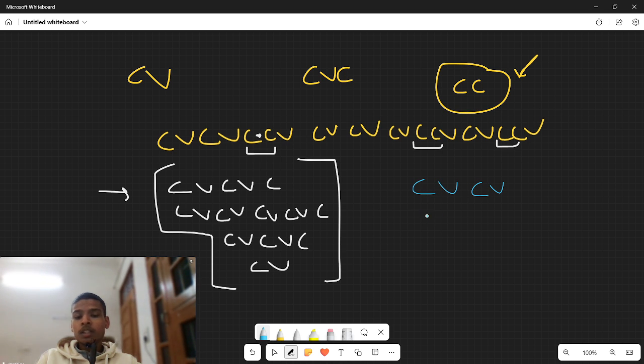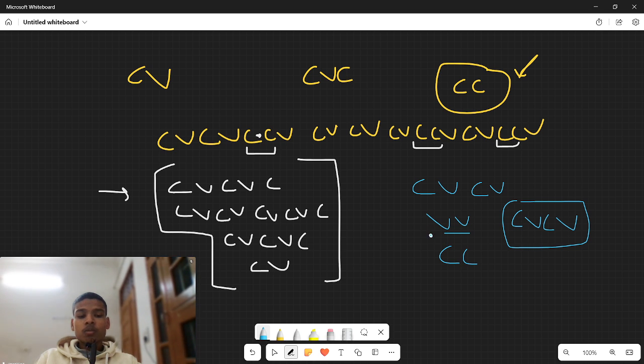None of the other sequences can come, because VV cannot come together, since it is not a valid syllable, and they have given that this is a valid string made using many syllables. CC was the other configuration, but I have segregated those. So the remaining configuration is only CV, which means the rest of the string will follow a pattern of CV.